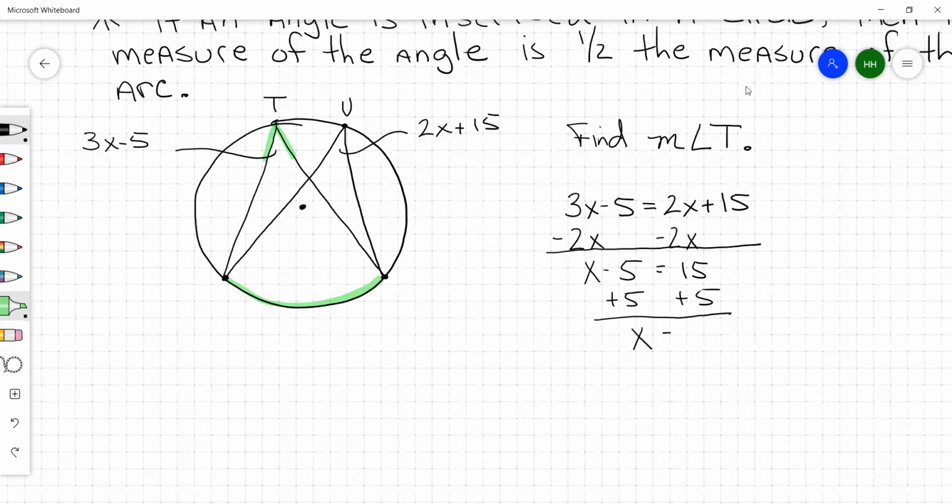So we get an x that's equal to 20. They wanted the measure of angle T. Angle T was represented by this expression. So the measure of angle T is going to be equal to 3 times 20 minus 5. So that's 60 minus 5, right? So what's the measure of angle T? 55 degrees.